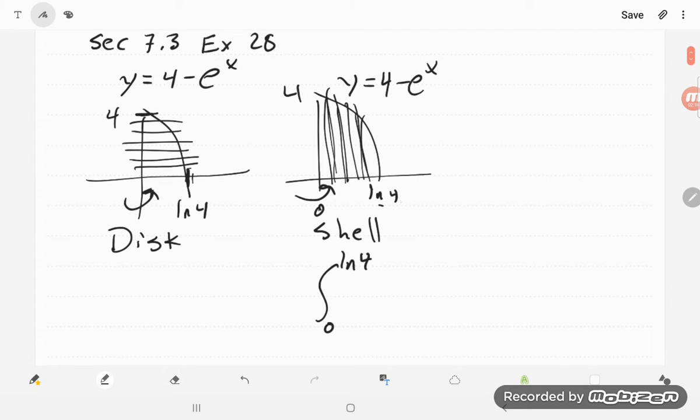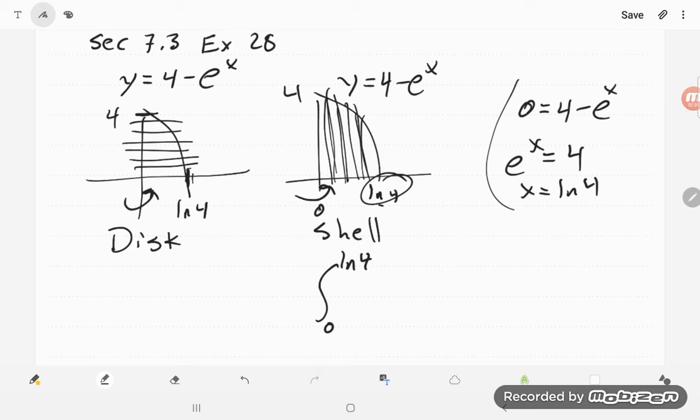Now, I have to know this log 4, in which case, I had to solve 0 equals 4 minus e to the x. And so e to the x equals 4, x equals natural log of 4. So I had to know that. That's something that's sort of a drawback. It wasn't obvious necessarily that was log 4.